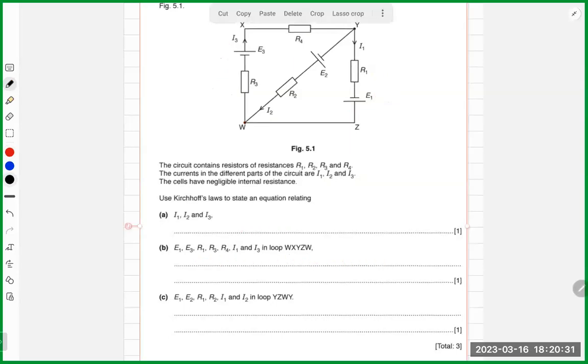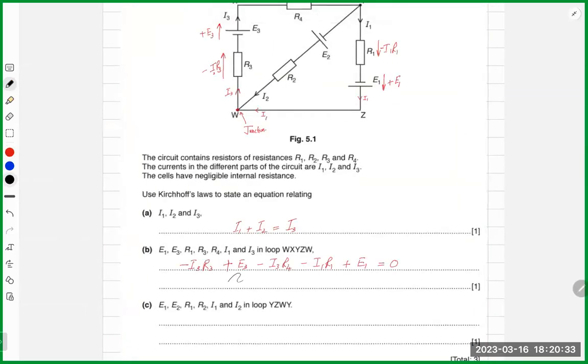So you could do this one: E1 plus E3 equals the total potential difference, which would be I3R3, I3R4 plus I1R1. And how many of you can see that both of these equations are the same?